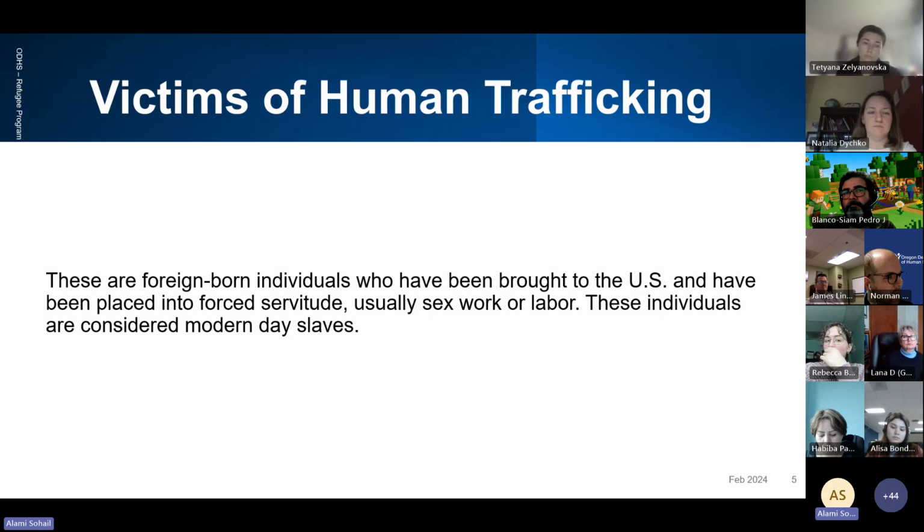Again, for somebody to be deemed a victim of human trafficking under the law, they have to have either a certification or eligibility letter from ACF, Office of Trafficking in Persons, or they would have a Form I-797 with specific codes. Their derivative family members can also present Form I-94s, and they have the T codes on them.